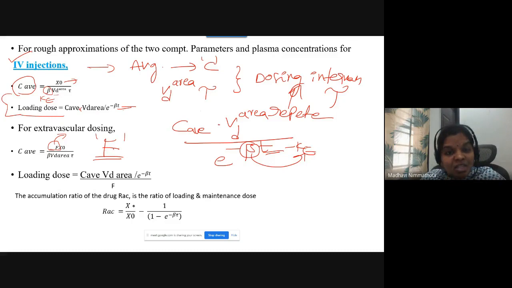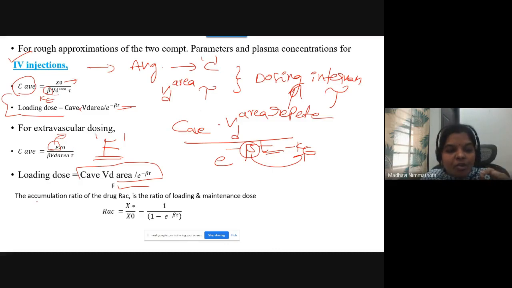So there is a need to calculate the fraction of drug availability, and then the loading dose can be calculated with the same equation as the loading dose, where this whole term is divided by capital F. Just remember one thing: the difference between IV injection and extravascular dosing is only one parameter, capital F, for the oral route of administration. So this is about IV injection and extravascular dosing.